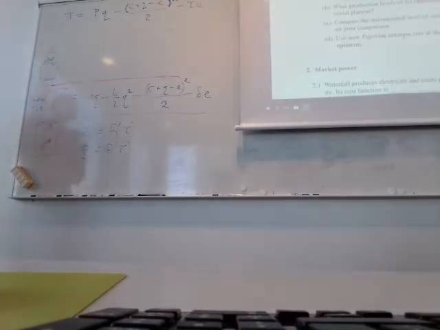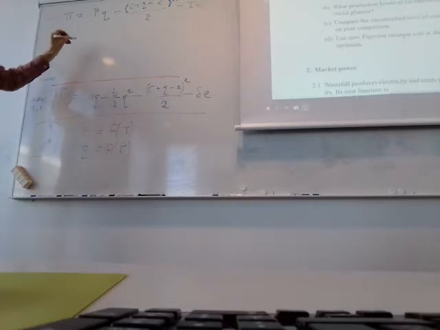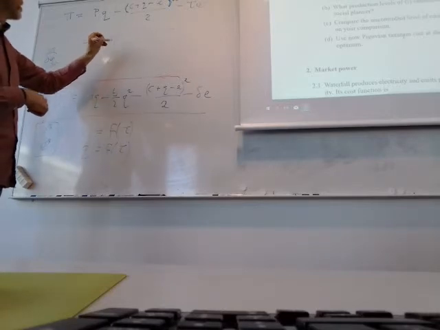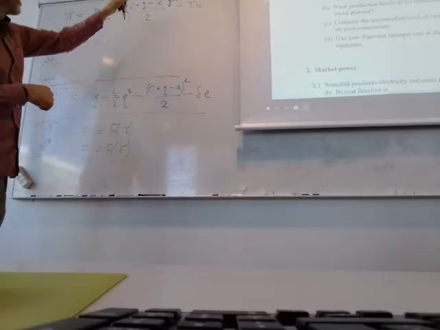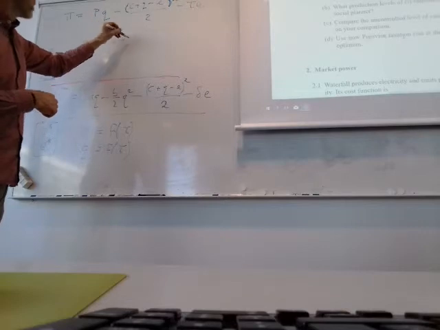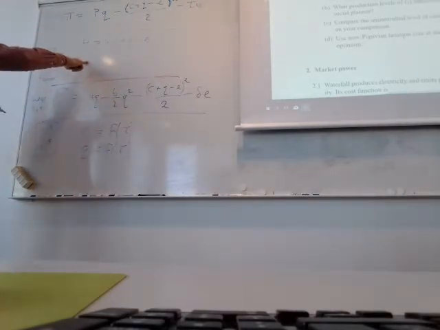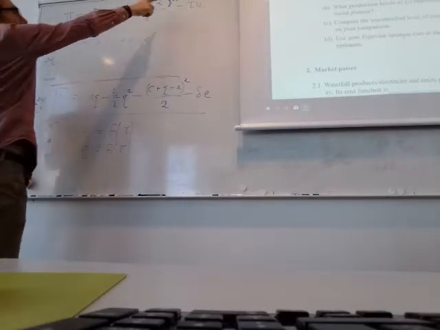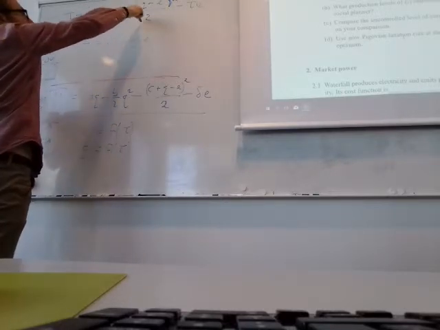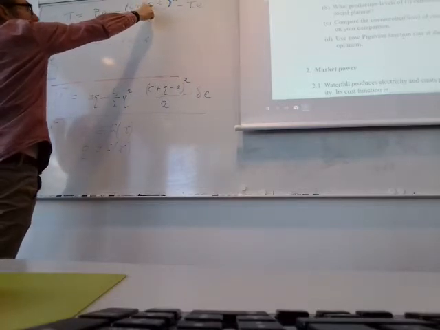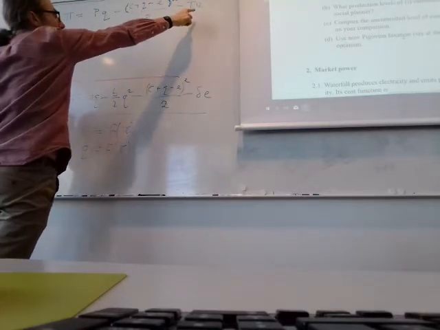So, if we take the first order condition in Q, we get that P equals, no, the 2 goes out, and then we just get C plus Q minus E. That's the first one. First order condition in E gives minus this lot, plus this lot, minus tau equals 0.